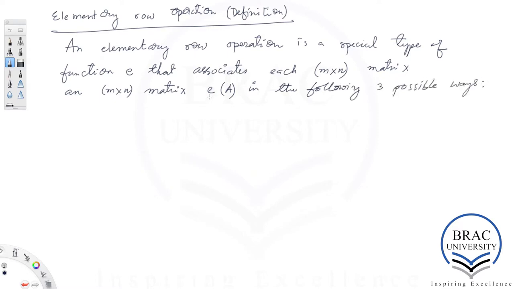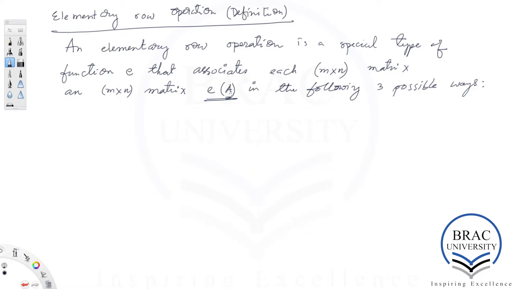So it means that it's a function on the space of m times n matrices. A is an m times n matrix and E is a function acting on the space of all m times n matrices, and the resulting matrix E of A is also an m times n matrix over the field F.